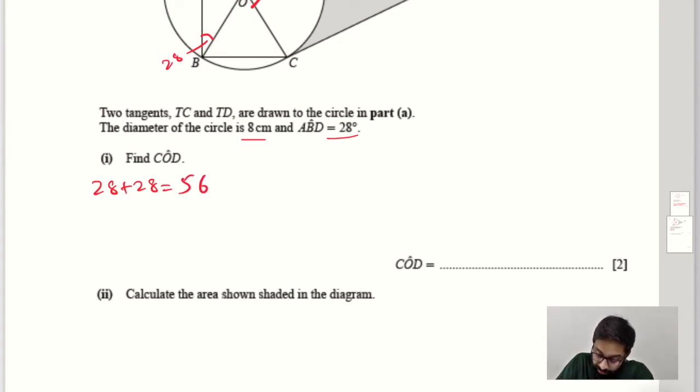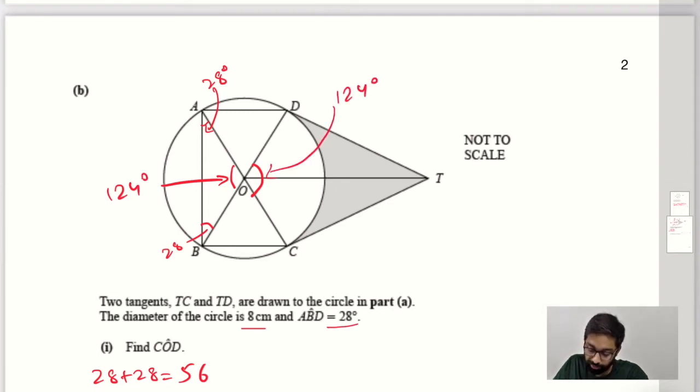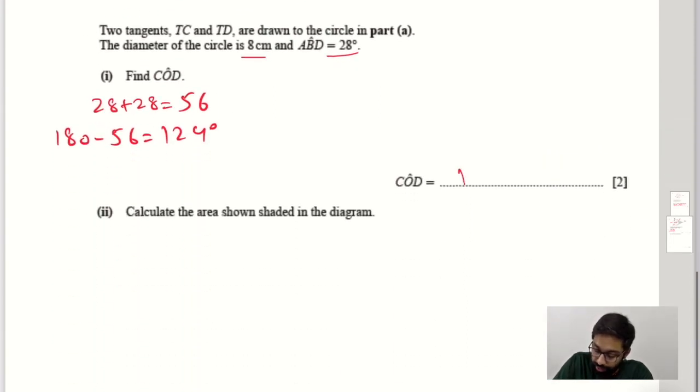If you subtract 56 from 180, you get 124 degrees. So the angle here is 124 degrees. COD is opposite of this angle, so this would also be 124 degrees. So you can write that over here, that COD is 124 degrees.